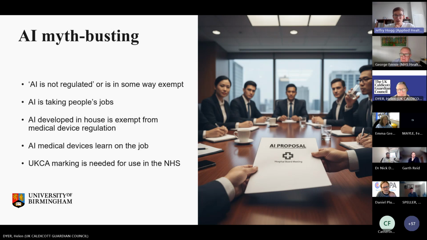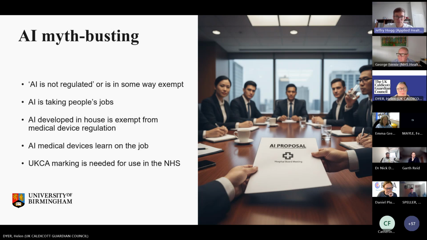Unfortunately, on the back of that, you get a lot of AI development for potential medical device purposes, with people thinking that that's appropriate. But it's important to be mindful that that's not necessarily the case, and it only applies if there's nothing on the market doing that particular function.